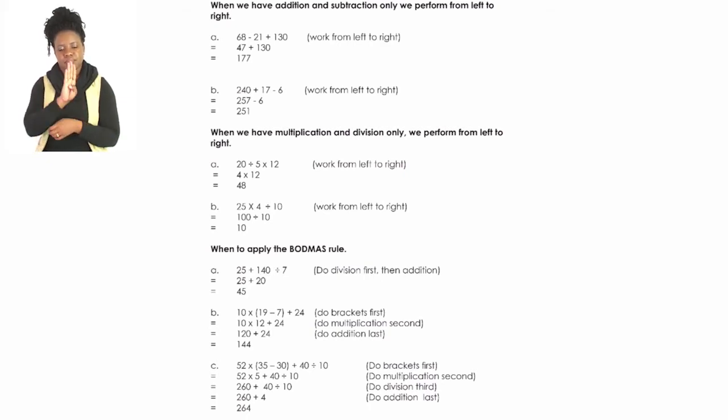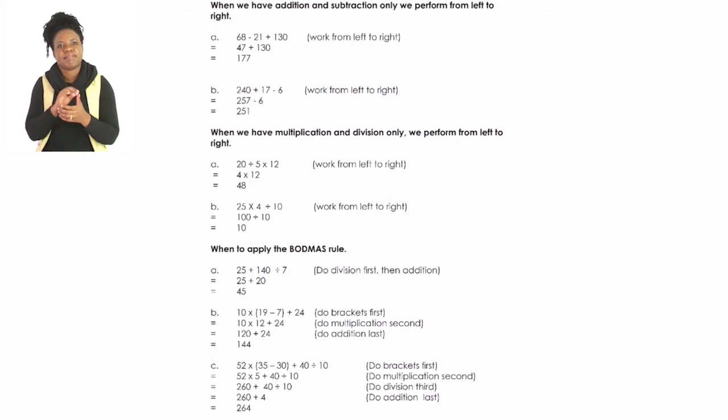Let's try example B. 240 plus 17 minus 6. Now in this example, we will see the plus is before the minus. Remember what we said, they are like brother and sister. The one that comes first, that one we do first, working from left to right.